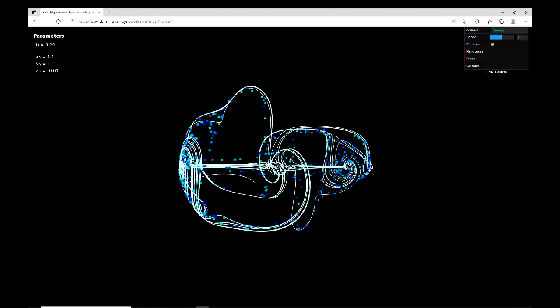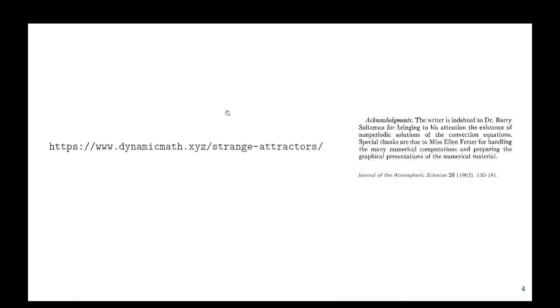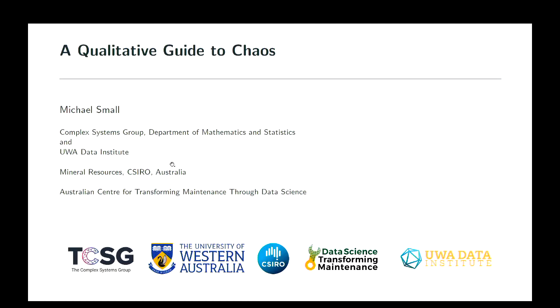This one's called the Thomas system, named after some famous person named Thomas. It's a differential equation, so there's rules governing it. But all I care about is trying to describe the properties of this system. So let me put that away for now and go back to the talk.